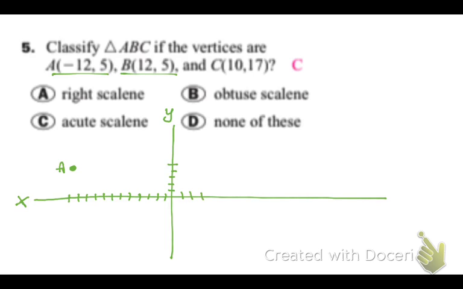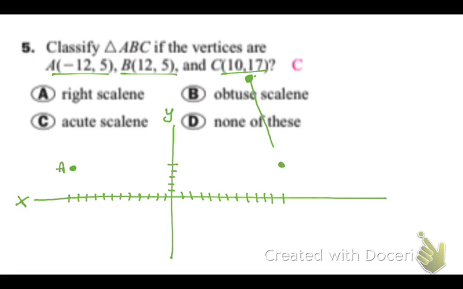So over 12, up 5. It's basically on a straight line. And C is x equals 10: 1, 2, 3, 4, 5, 6, 7, 8, 9, 10, and up 17. So we'll just put it over here. It's way up there.